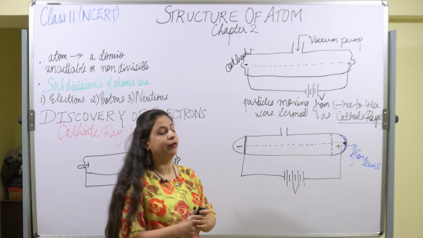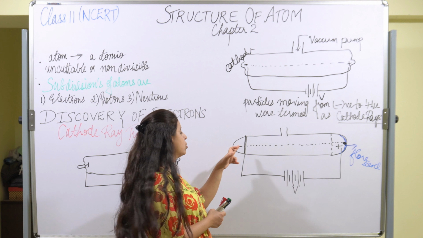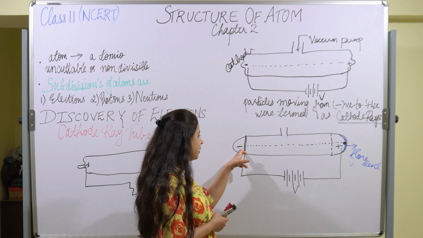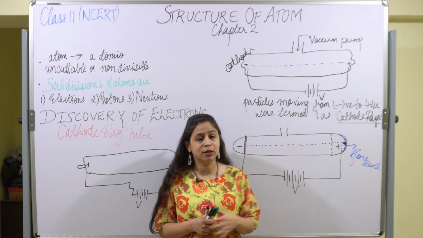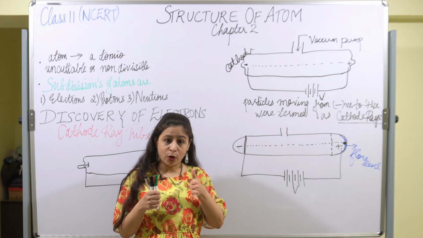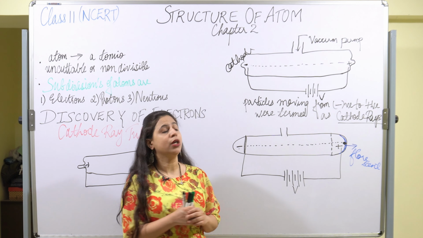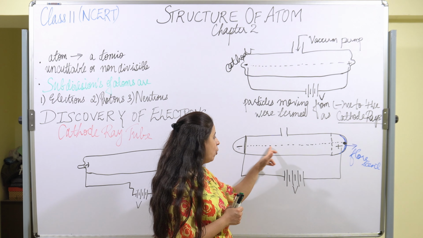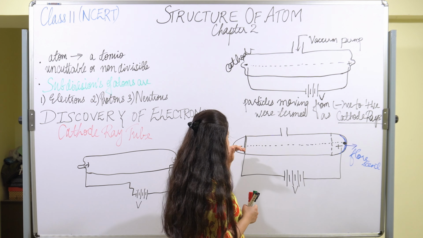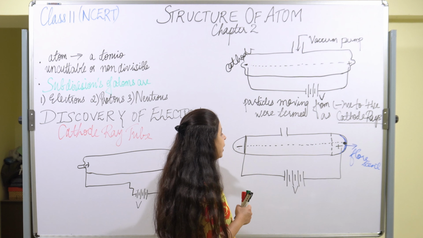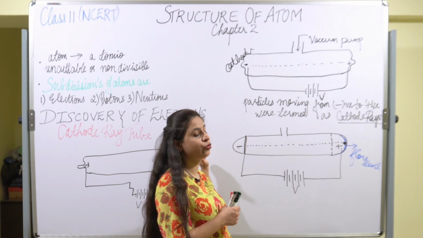In the magnetic field and in the electric field, the characteristics of these particles were different. Without any magnetic or electric field, the particles were moving in a straight line.